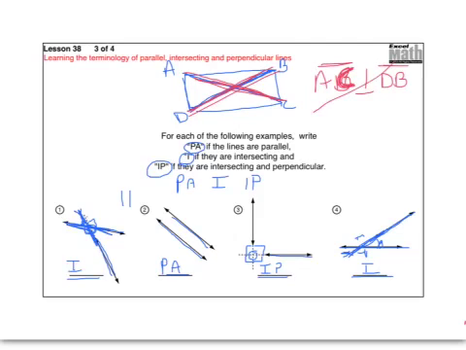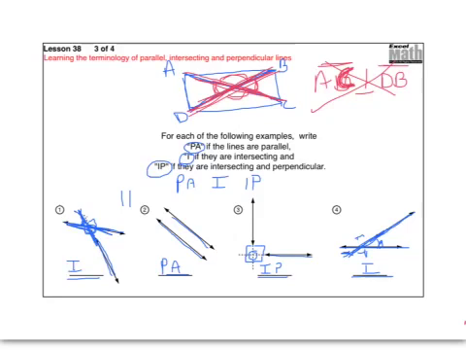And that is not true. Because look, when they come in the middle, they do intersect, but this angle and this angle are kind of small, they're acute, and this angle here and that angle there are bigger than a right angle, those are obtuse. So these are not perpendicular to each other.